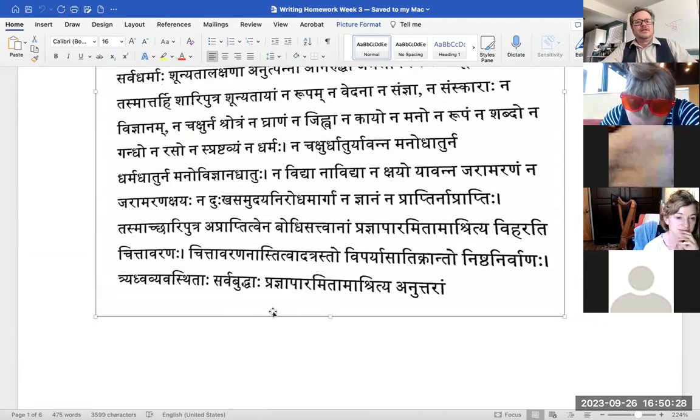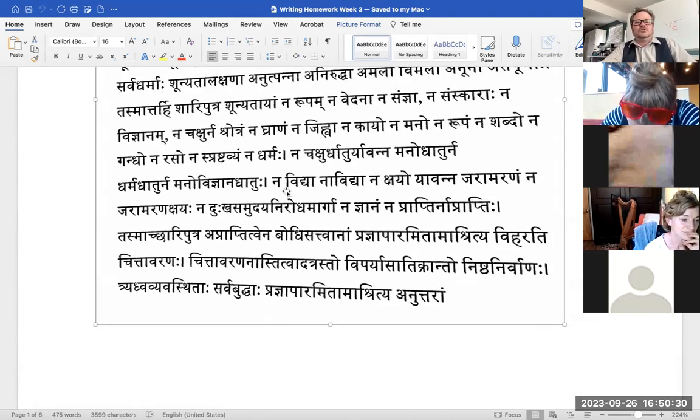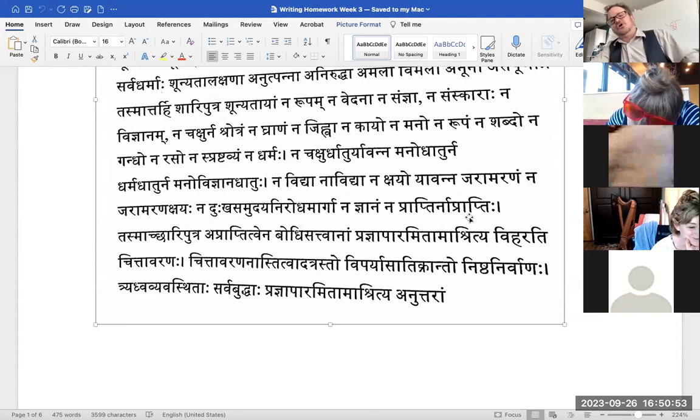And then you see the form, and of course, then you get right into na vidya, nakshaya, yavan na jara marana, nakshaya, na dukkha samudaya nirodha. It's nirodha marga, the path of salvation, of course. Na jnana, na prapti, not a prapnoti. So it's all in there.